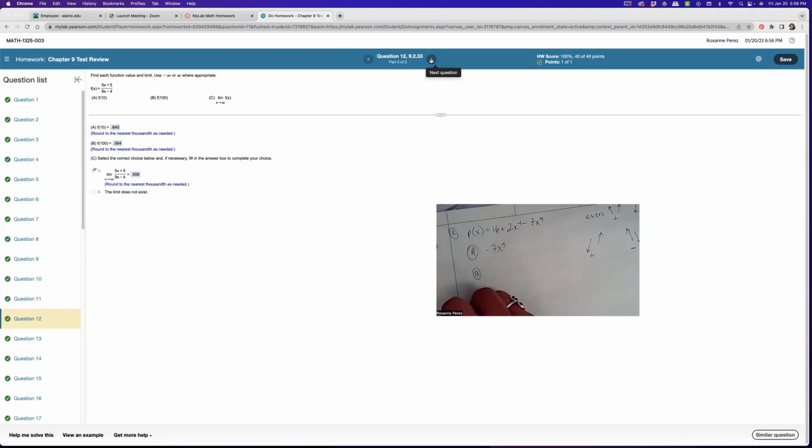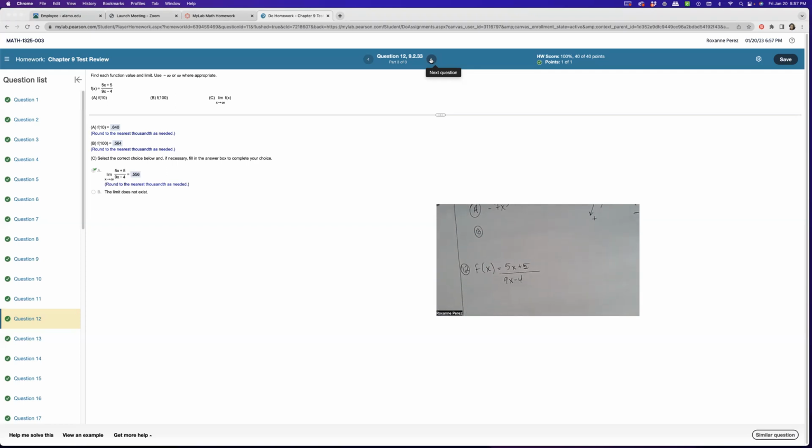Okay, 12. You're given the function f of x equals 5x plus 5 over 9x minus 4. And then for parts A and B, you're asked to evaluate at 10, then evaluate your function at 100, and then evaluate the function as x approaches positive infinity.